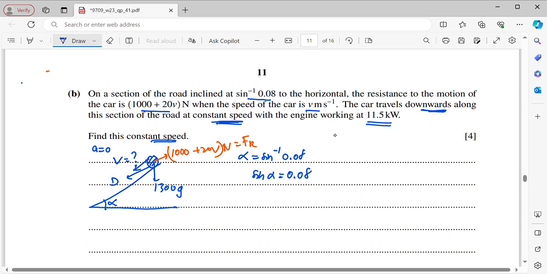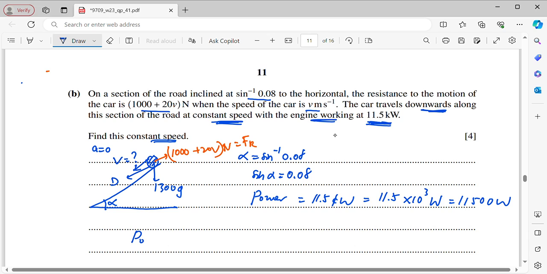Given the power is 11.5 kilowatt. So this is going to be 11.5 times 10 power 3. Then I will be getting 11,500. Okay, so first of all, I need to find out what is my D here. So remember, this is the power of the engine.